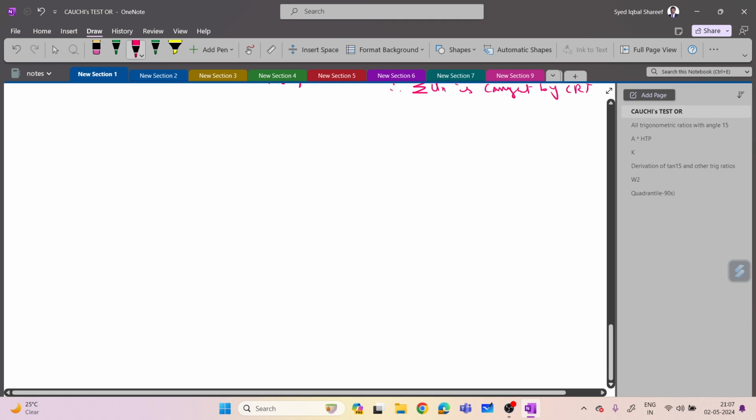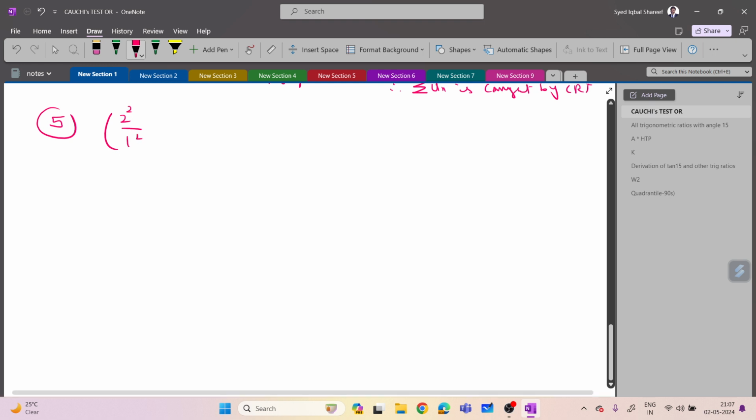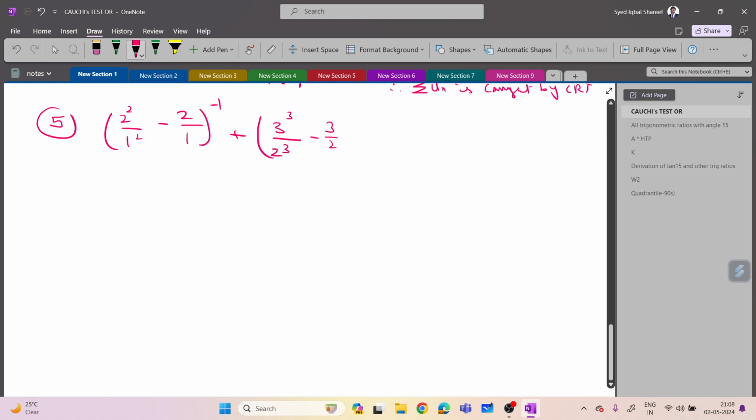One more problem. Problem number 5. 2 square by 1 square minus 2 by 1 whole to the power of minus 1 plus 3 cube by 2 cube minus 3 by 2 whole to the power of minus 1 plus 4 to the power of 4 by 3 to the power of 4 minus 4 by 3 whole inverse plus minus, it is going on and on.